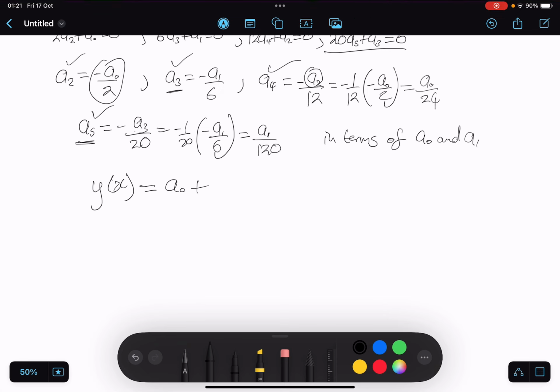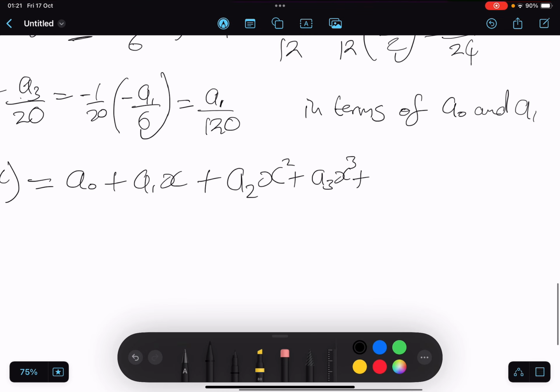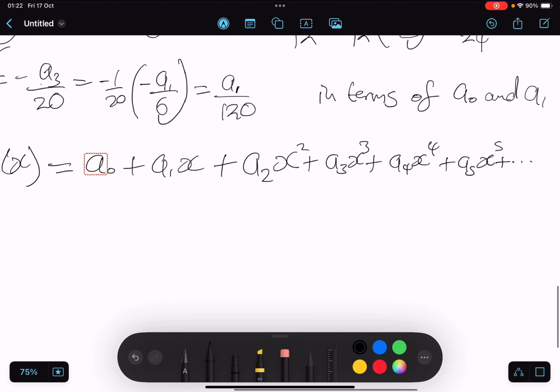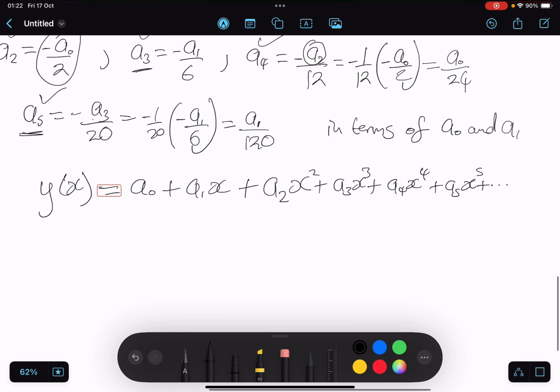We say a0 plus a1x plus a2x squared plus a3x cubed plus a4x to the power 4 plus a5x to the power 5 plus, it continues, right? So from here, we are going to substitute these coefficients that we've just derived.